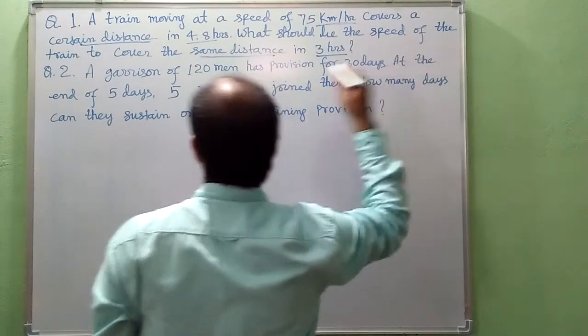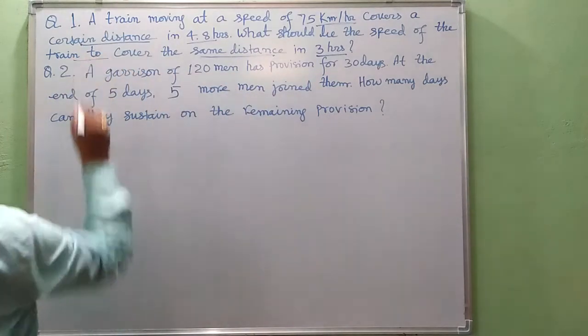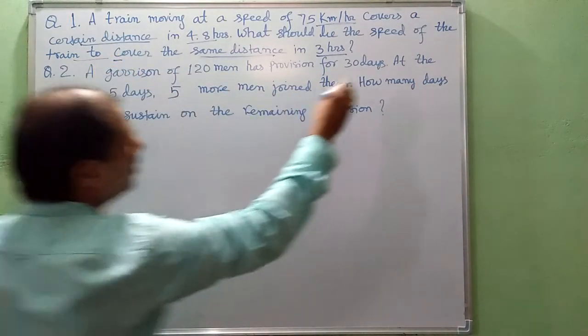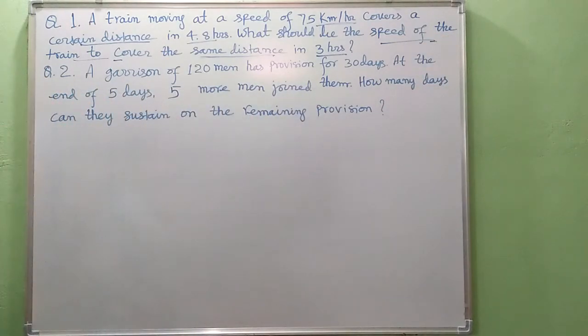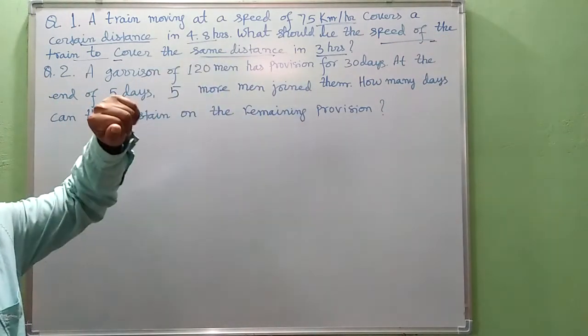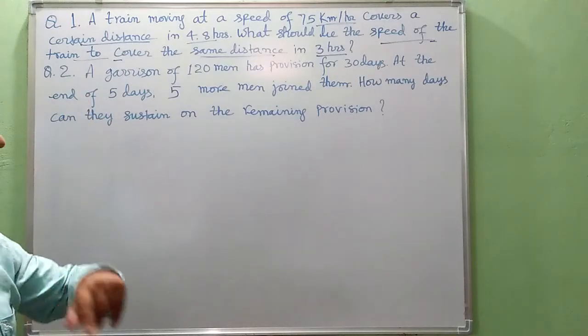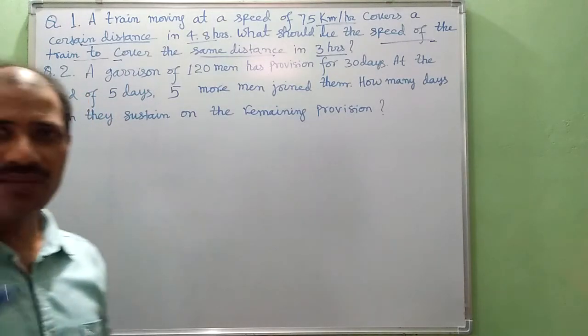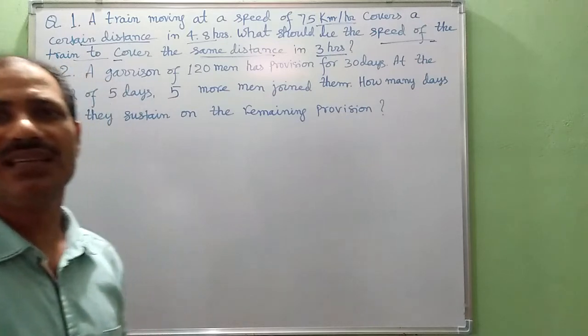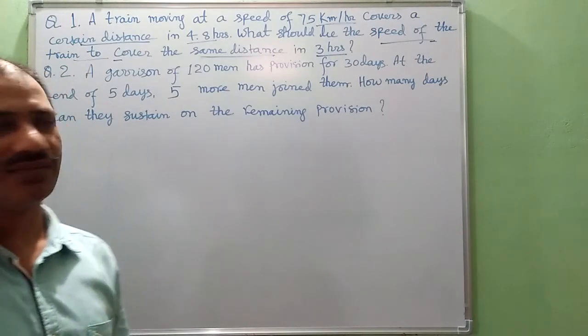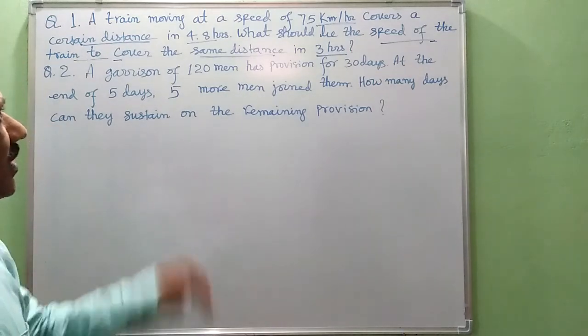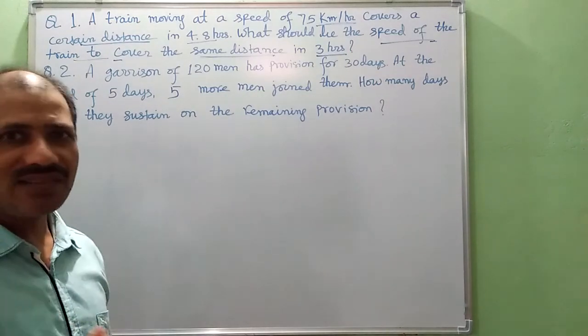We have to calculate this. As we know, when speed will increase, then time will decrease because distance is same, distance is constant. So this will be an inverse variation.